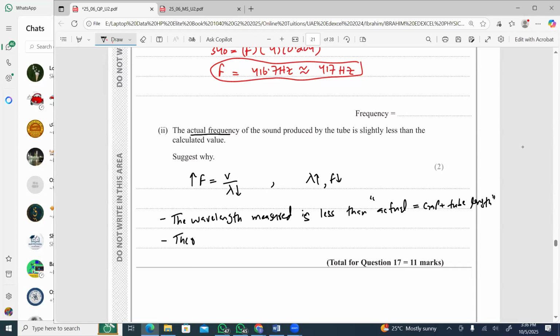Therefore, f is inversely proportional to lambda. So f is decreased as lambda will increase after considering the gap as well.